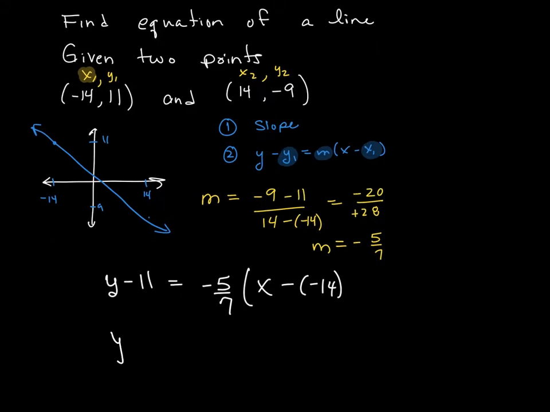That leaves me with y minus 11 is equal to negative 5 over 7 x plus 14. I'm just going to take this negative 11 and move it over. The way I do that is by adding 11 to both sides.